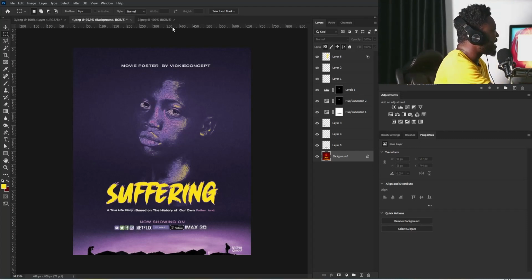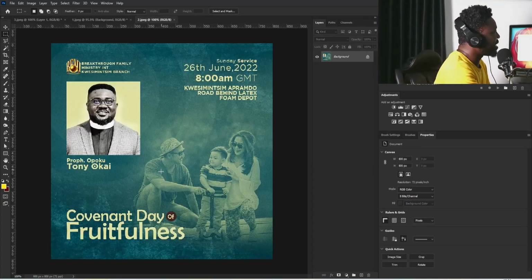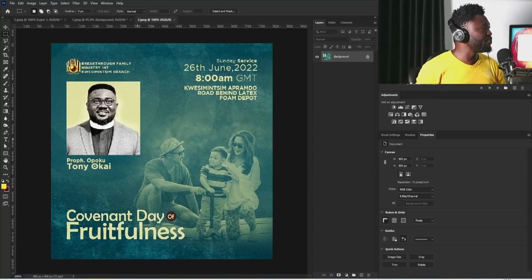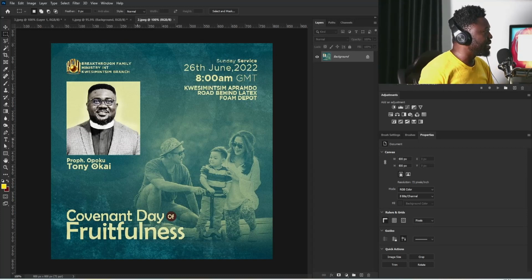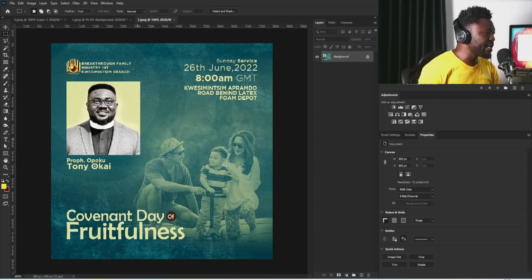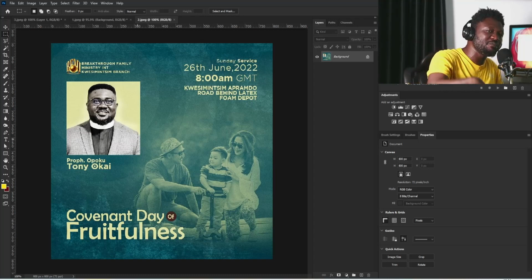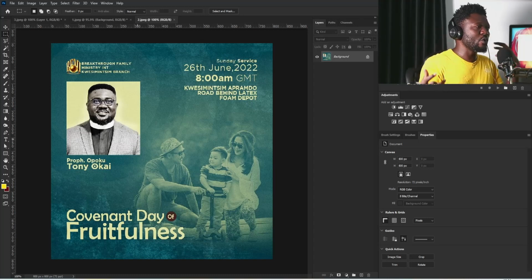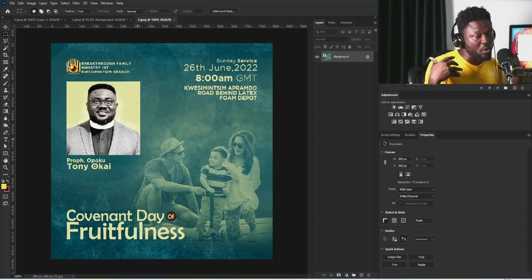So let's go straight to our last design. Now, the problem I have with this is the use of scale. Scale, or what we call in graphic design hierarchy, is how we help people access the information on our design. But when we don't play with it well, the design won't look okay.